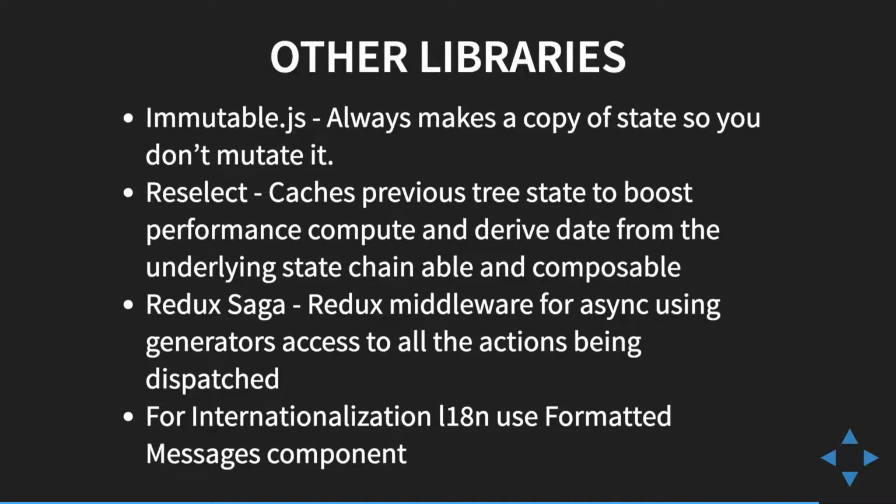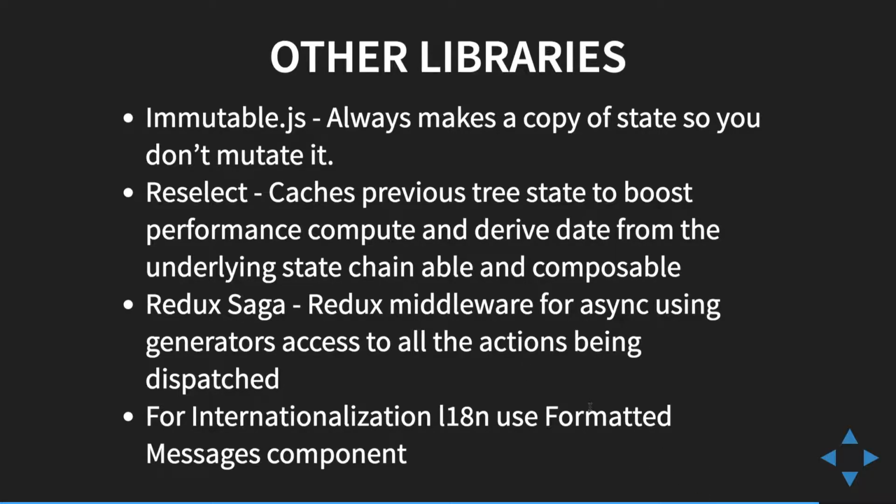And then what you can see here is these are all the helper libraries that I've used in the demo app that I'm about to show you. So things like immutable.js, which always makes a copy of the state so you don't have to mutate it. Reselect caches the previous tree state to boost performance and compute. And then there's also Redux Saga.